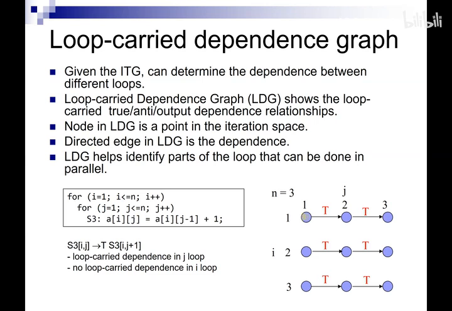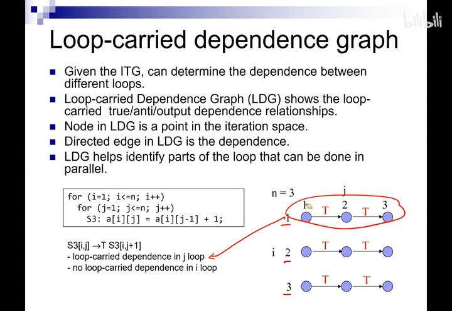So we have true dependencies between all consecutive iterations of j for each fixed value of i. These edges are because of this over here. However, because there's no loop carry dependence in the i loop, we don't have any edges between any of these nodes for different values of i. So that's the LDG.